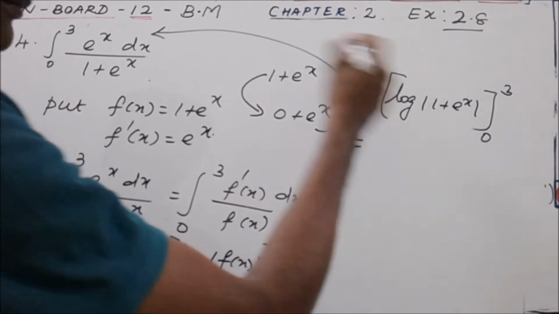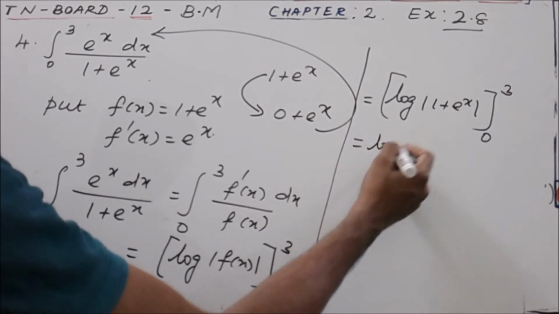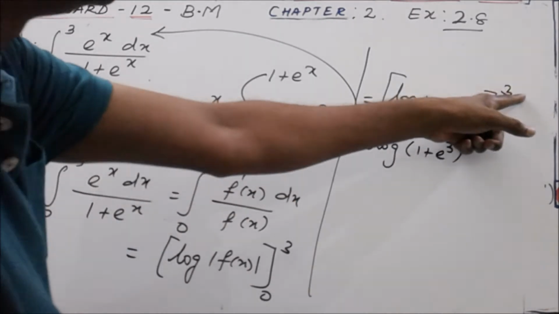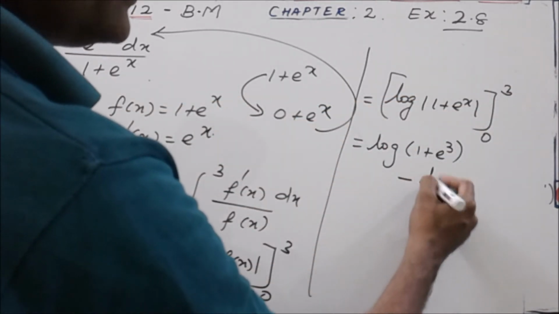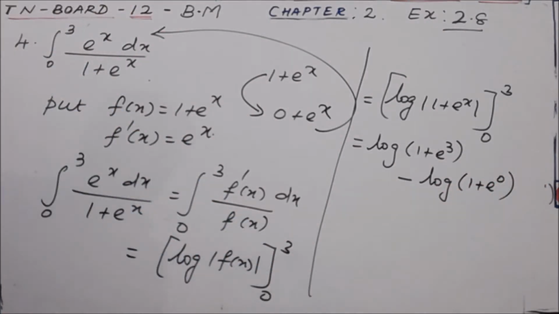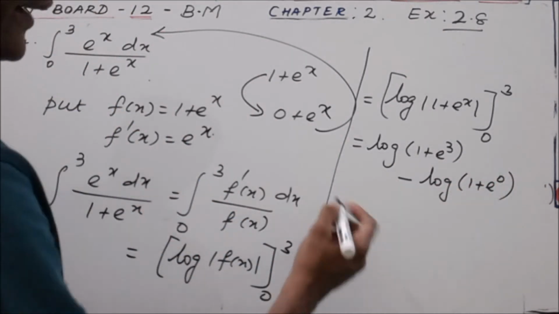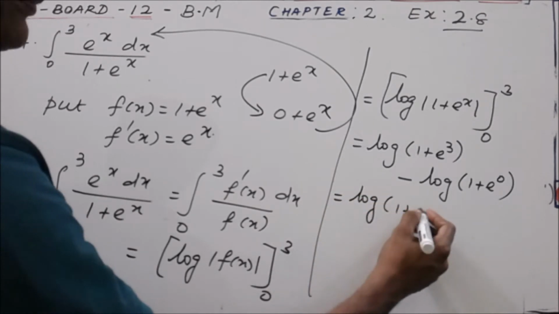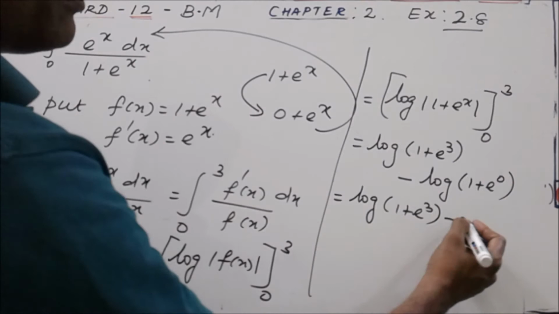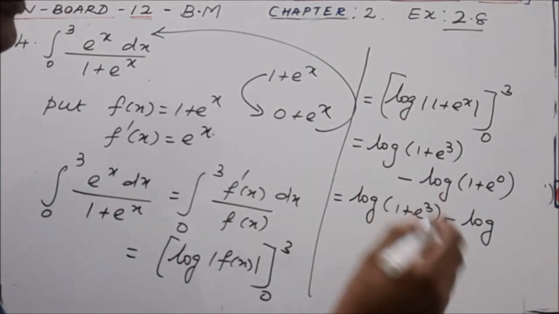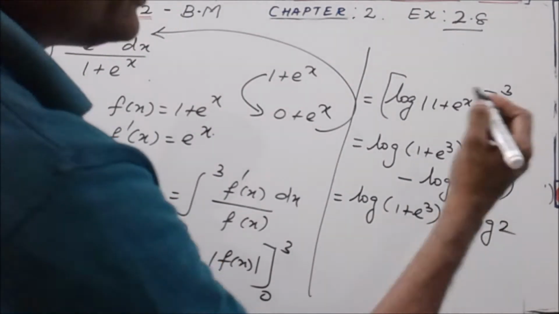Substituting the limit, upper limit first, log of 1 plus e power 3, instead of x substitute the upper value, minus log of 1 plus e power 0. The e power 0 value is 1, so equal to log of 1 plus e power 3 minus log of 1 plus 1, so 1 plus 1 is 2.